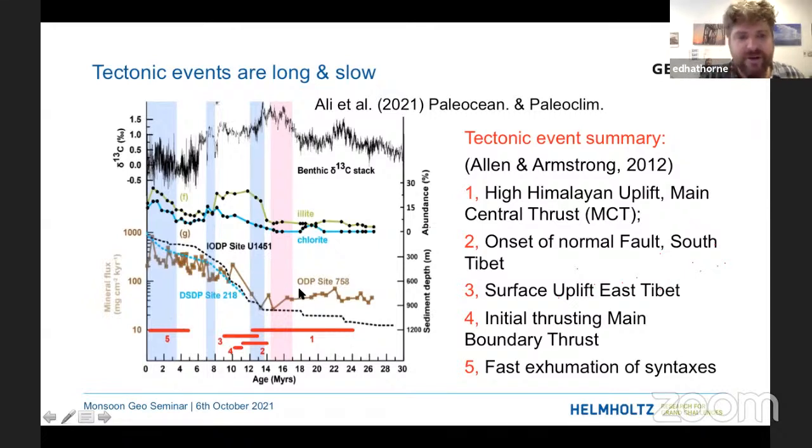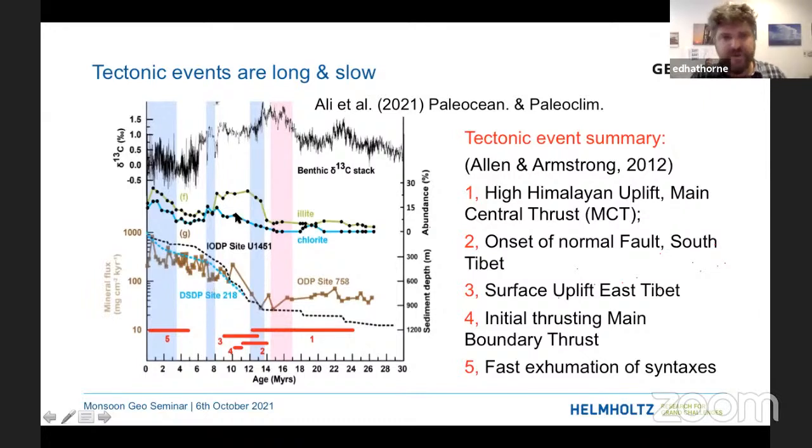Now, ODP Site 758, you saw the change in color there, and this is reflected in an exponential increase in the mineral flux to the site that happens here in the mid-Miocene. And you could say, okay, that's coincident with these changes in tectonics. There's also a change in the sedimentation rates on these two Bengal fan sites here.